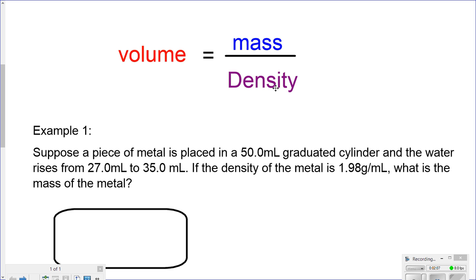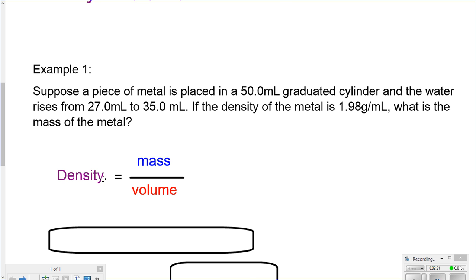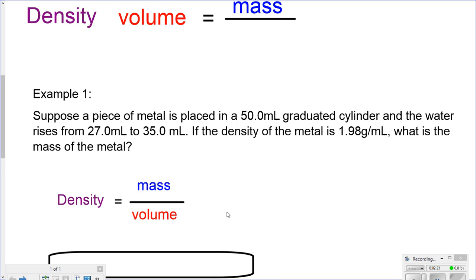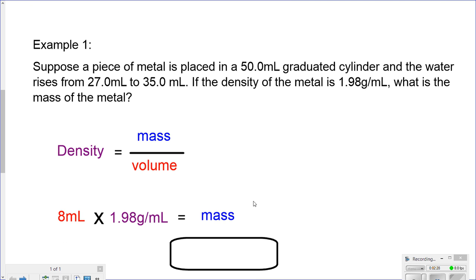If I want mass alone, then I have density times volume equals mass. So I take the density times the volume.